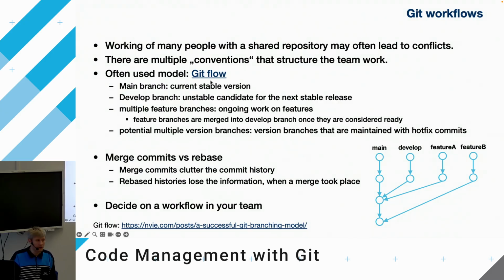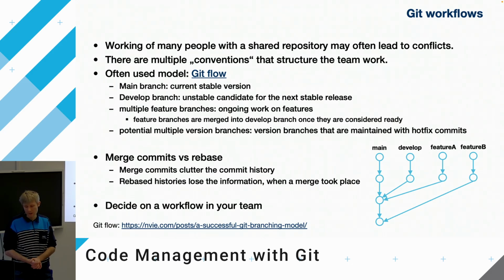One often used model is this Git flow model, where you have one stable branch and then maybe a develop branch and multiple branches for different features, so different people can work independently on their features, and if they are ready, then they can be merged into the stable version of your project.